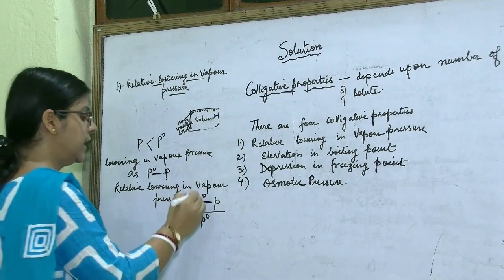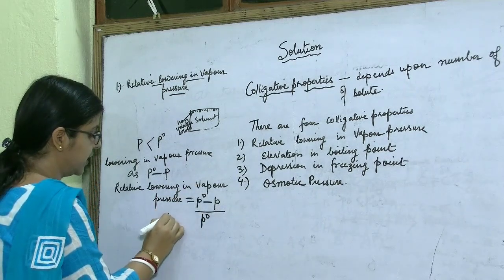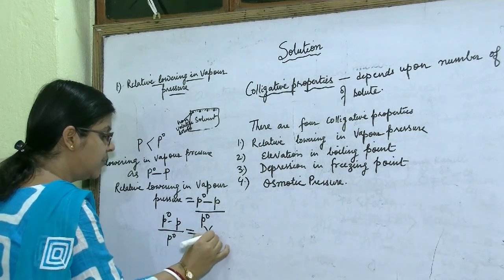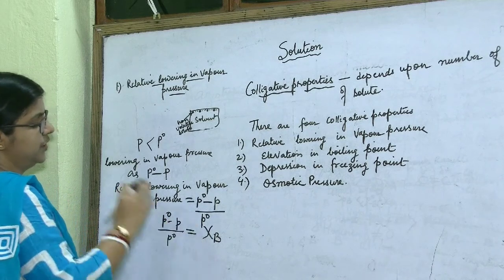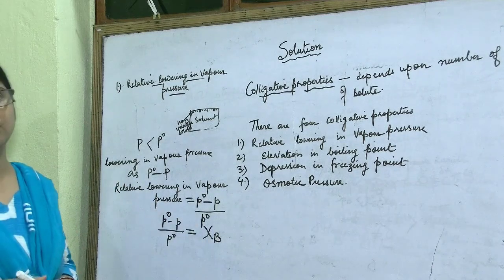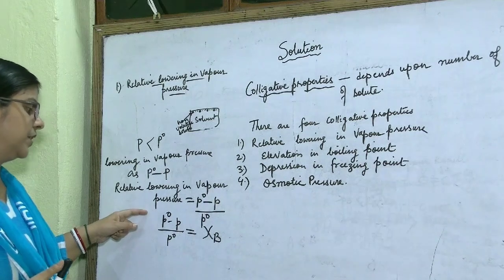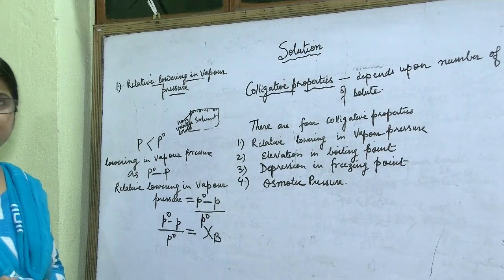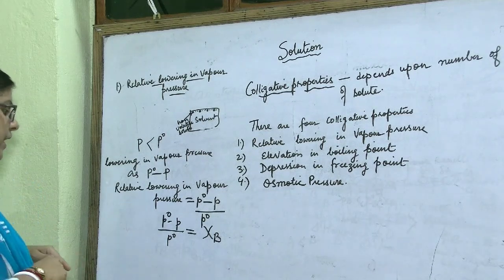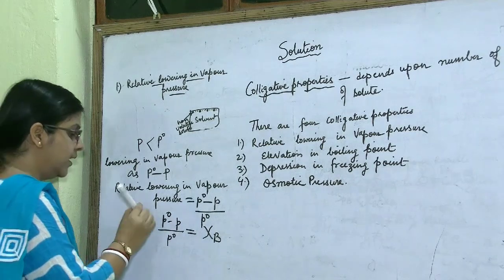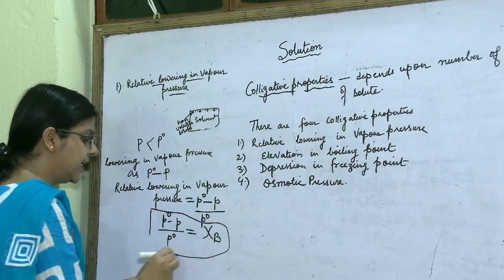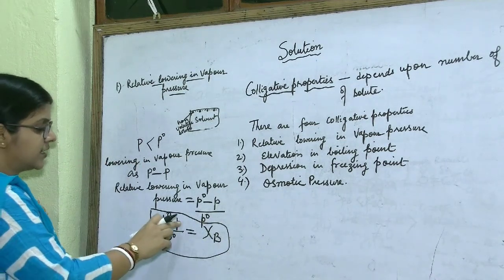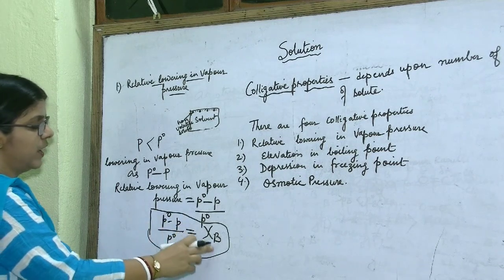This relative lowering in vapor pressure is equal to the mole fraction of solute in the solution. So we are getting one formula: P naught minus P by P naught is equal to XB.